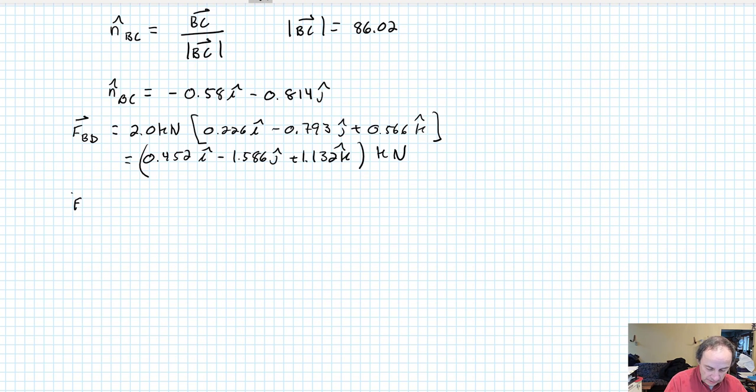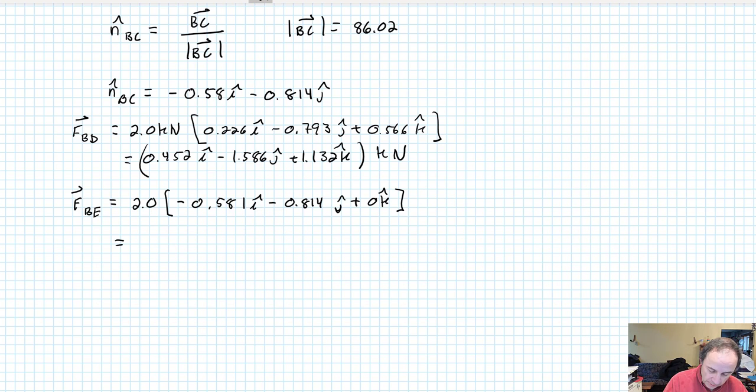Force BE is, again, all the forces were 2 kilonewtons, and that's just multiplied by the unit vector, which was minus 0.581I minus 0.814J plus 0K.